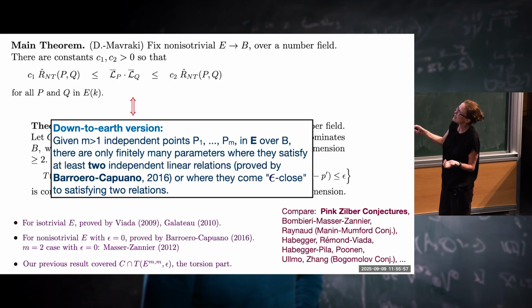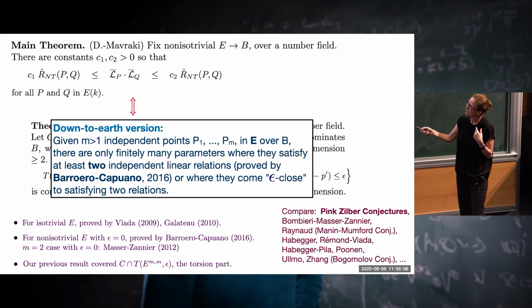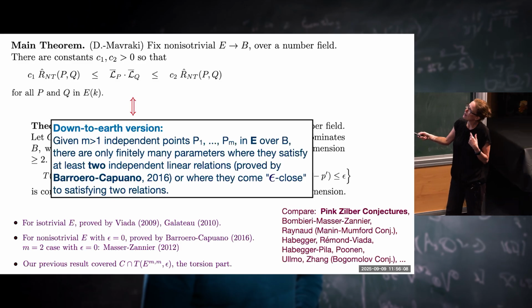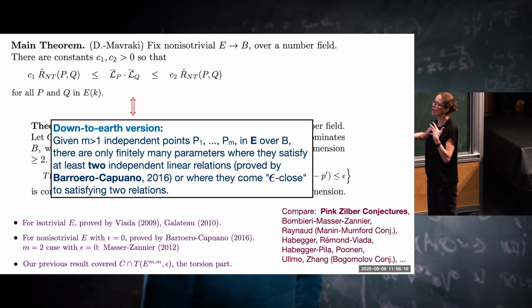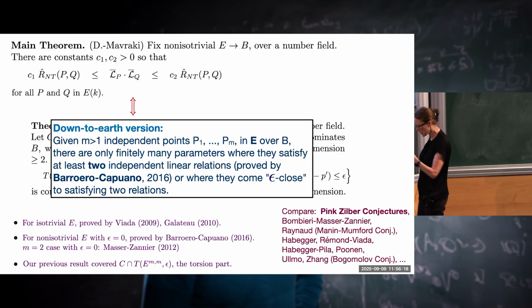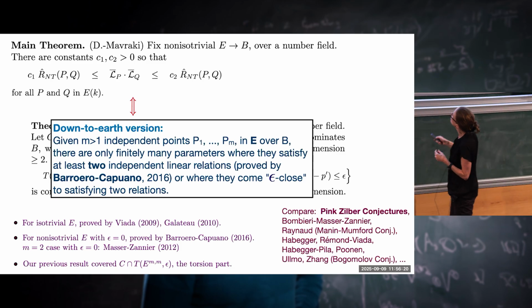If you're given, say, m sections of your surface, independent rational points over the function field, then viewing them as sections, there are only finitely many parameters where they satisfy at least two independent linear relations on the fibers.